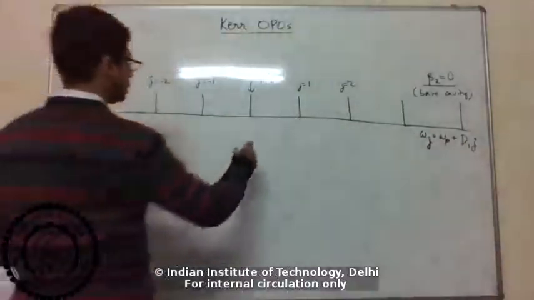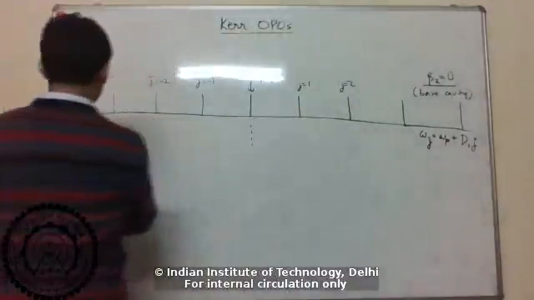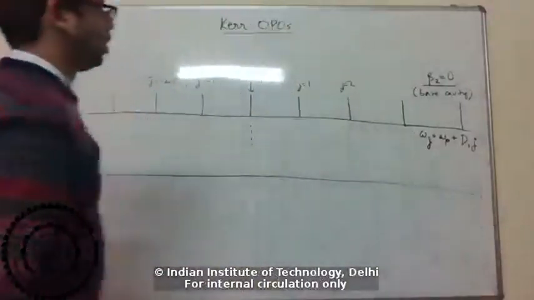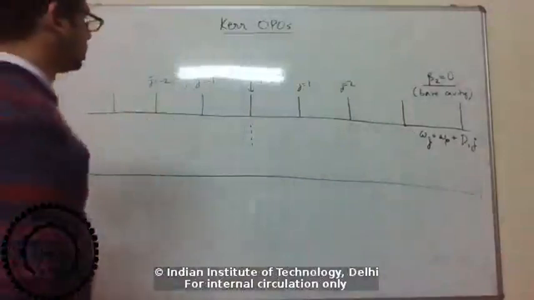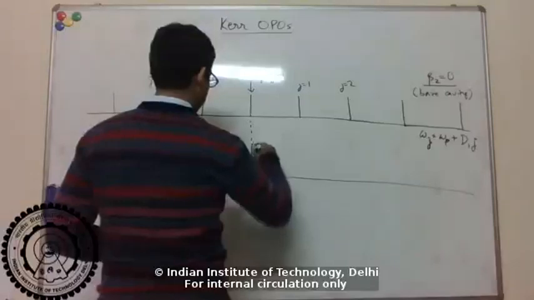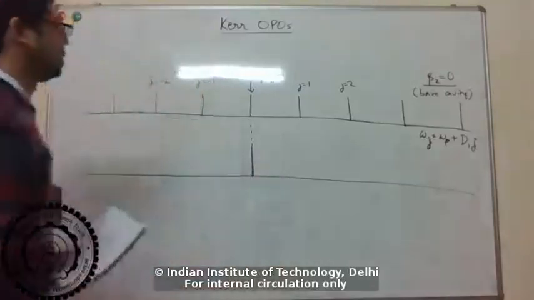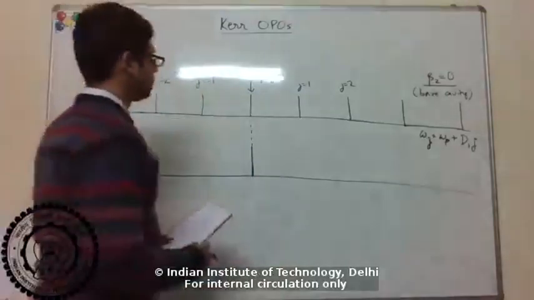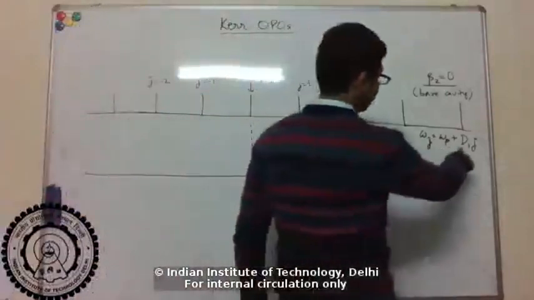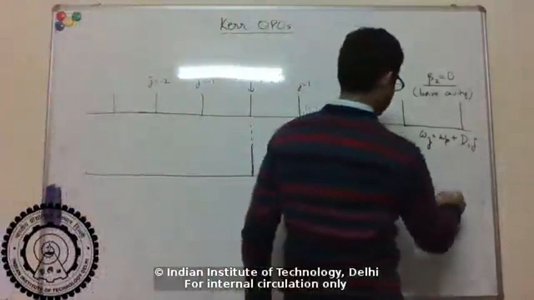So now let's consider a case where we have anomalous dispersion in the cavity. Okay, so what happens? You remember we have an extra term here, right?